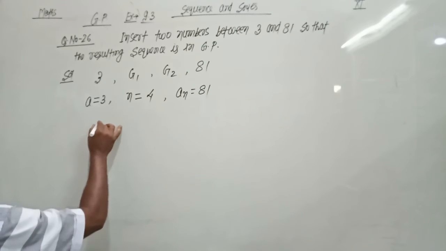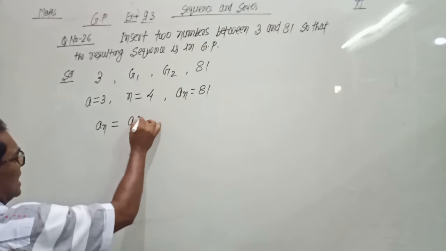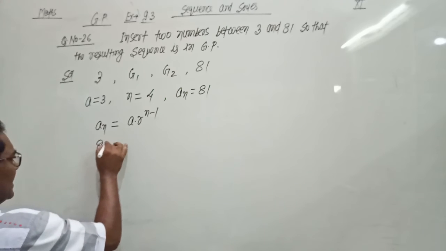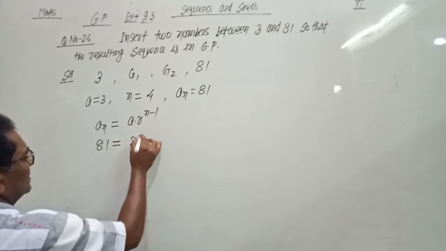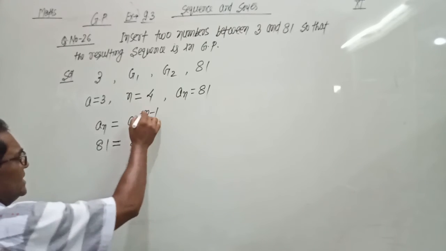So we use the formula AN equals A into R raised to the power n minus 1. At the place of AN we write 81. The value of A is 3. The value of R we have to calculate.